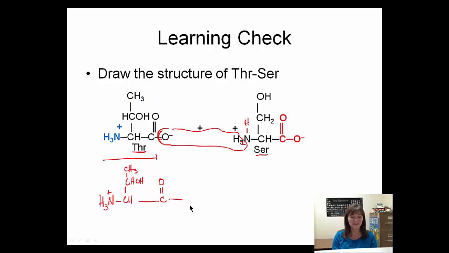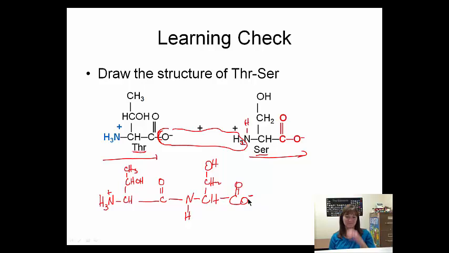So what's going to bond to this carbon is the nitrogen on the neighboring amino acid. And I can write its one hydrogen either up or down, it doesn't matter. And then I'm just going to continue from here now. So I've got my nitrogen with its hydrogen going to the alpha carbon there, up to CH2OH, and then I have my carboxyl group. Okay, so here is a dipeptide with its one peptide bond. Make sure you can locate the peptide bond.